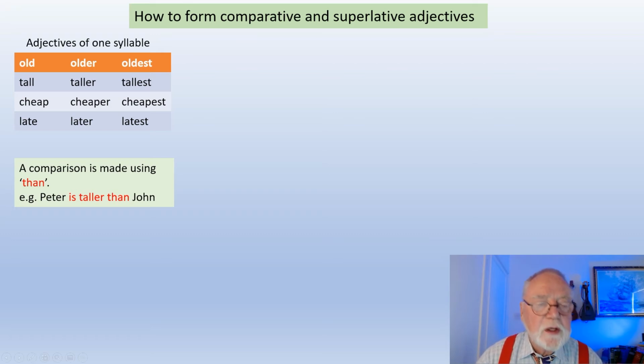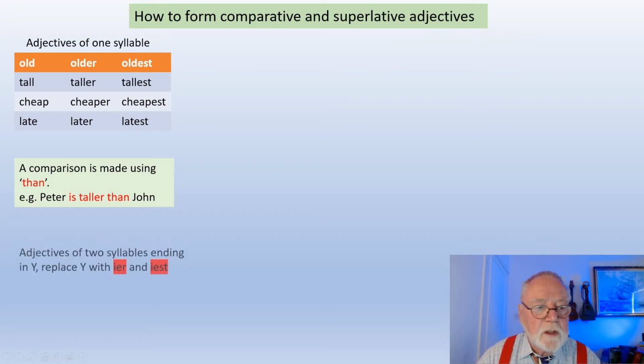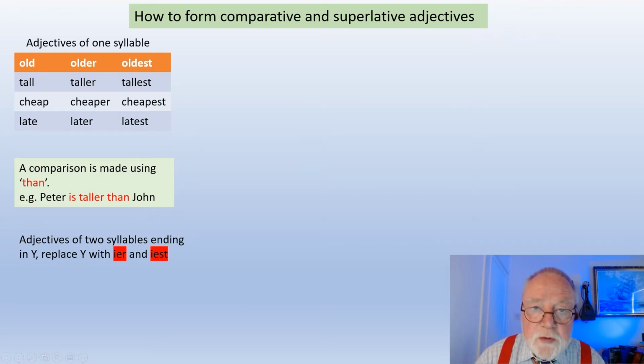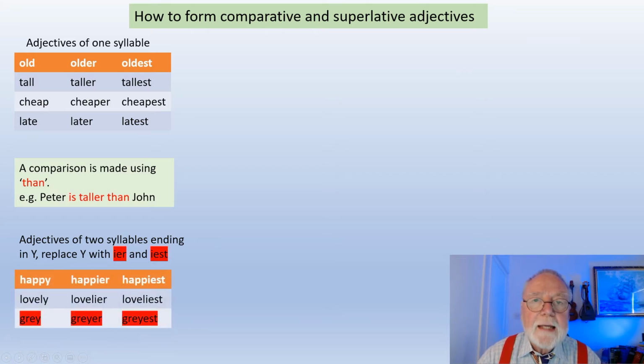Peter is taller than John. When adjectives have 2 syllables ending in a y, we replace the y with ier or iest. So happy, 2 syllables, becomes happier and happiest. But take note, because if there is an e before the y, we follow the conventional rules. So we get grey, greyer, greyest.